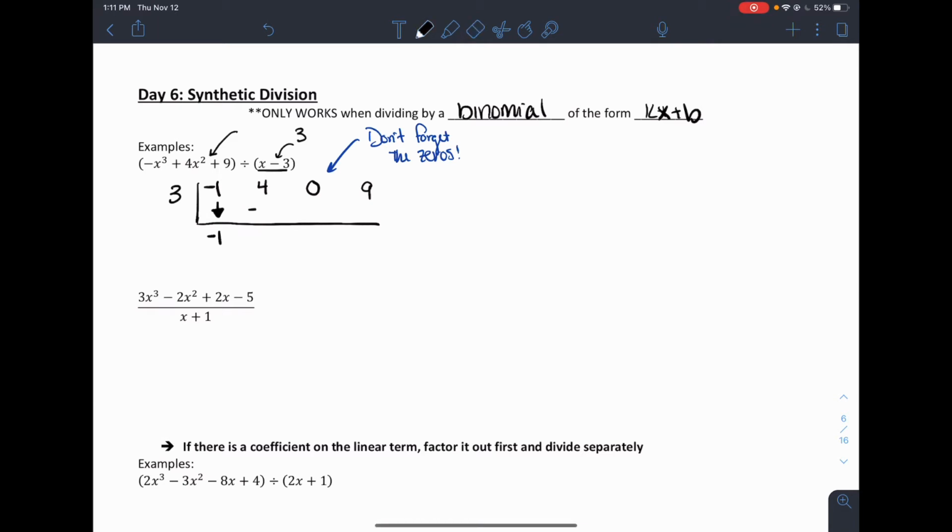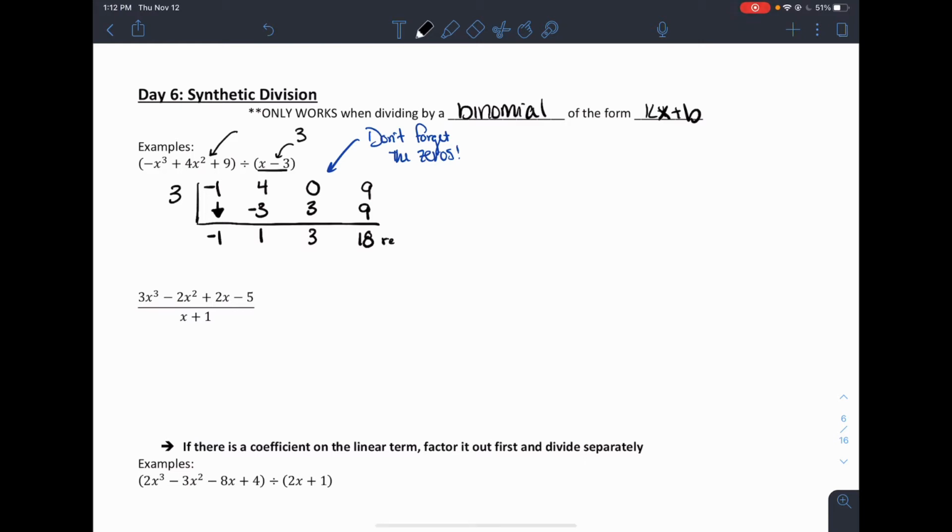3 times 1 is 3. 0 plus 3 is 3. 3 times 3 is 9. 9 plus 9 is 18. So at the end of the day, this is my answer: negative 1, 1, 3, 18.